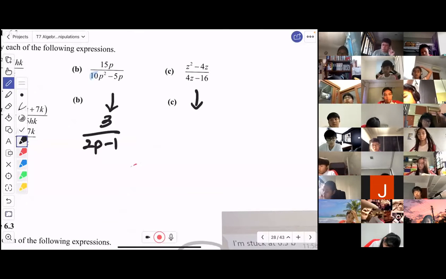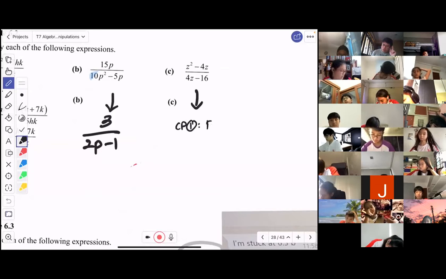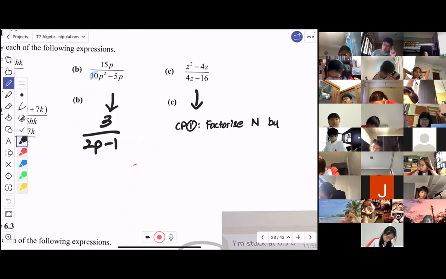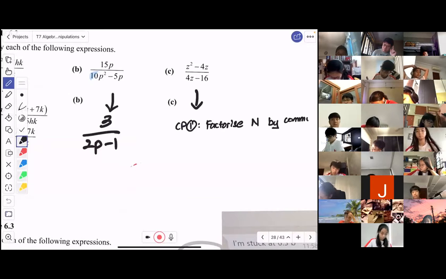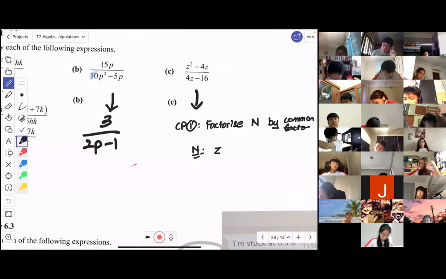So z, checkpoint one, you factorize your numerator by common factor. You try to show that your numerator looks like that: z bracket z minus 4. Is that okay?